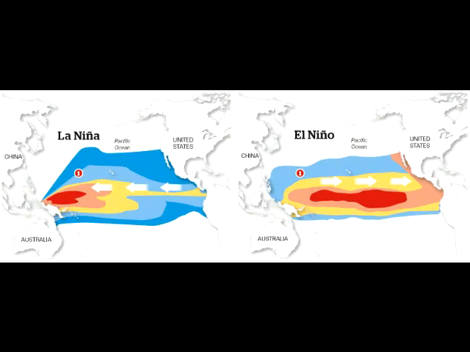Historically speaking, La Niña and El Niño events tend to develop during the period April to June, and they tend to reach their maximum strength during December to February. Typically they persist for 9 to 12 months, though occasionally they can persist for up to 2 years.